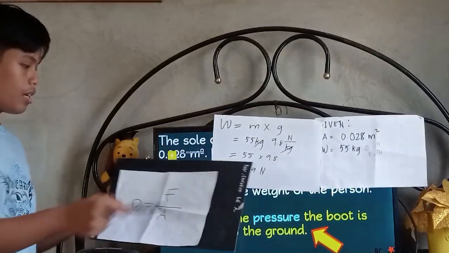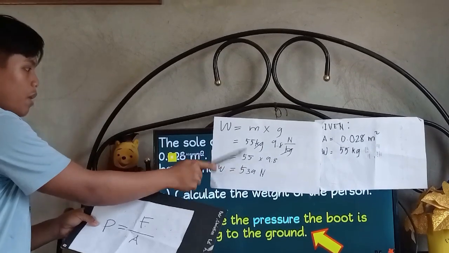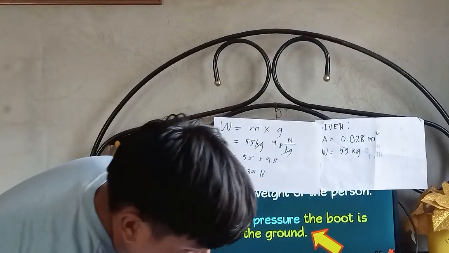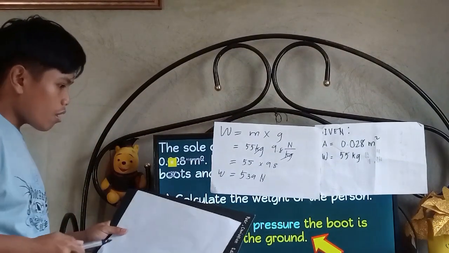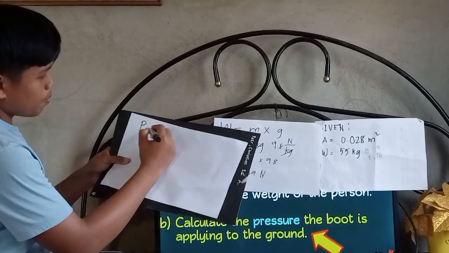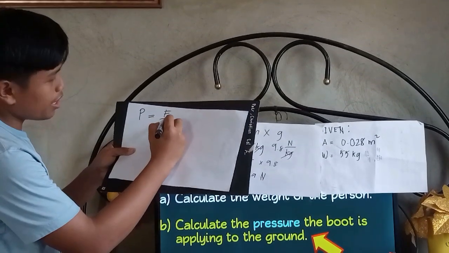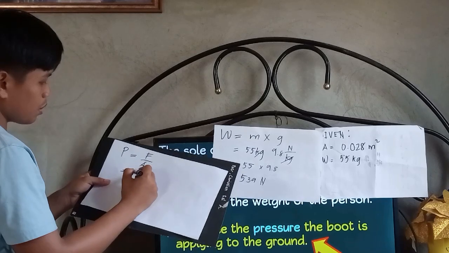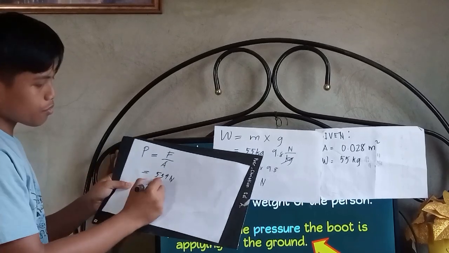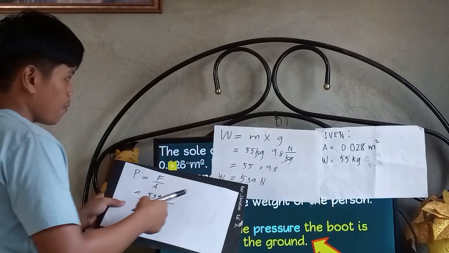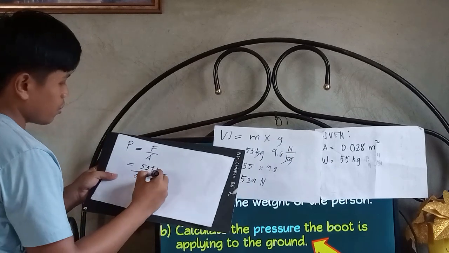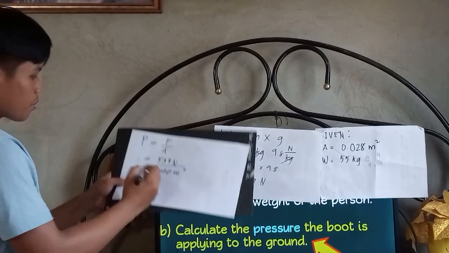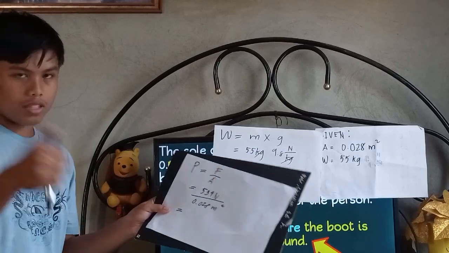Since we have our force, which is the weight, or the 539 newtons, we can use this as the force F. So P equals F over A, which is 539 newtons over the area, 0.028 meters squared. Then we will divide it.